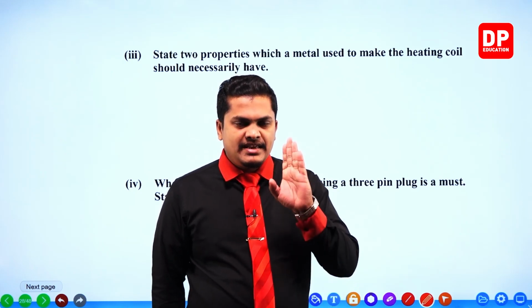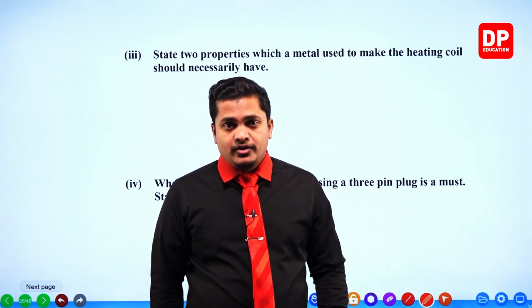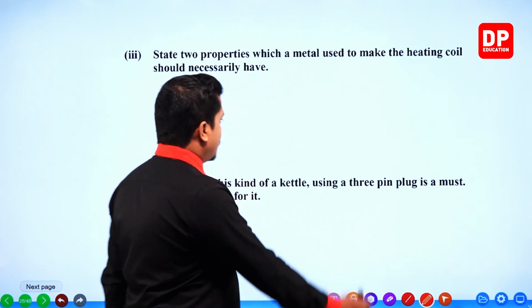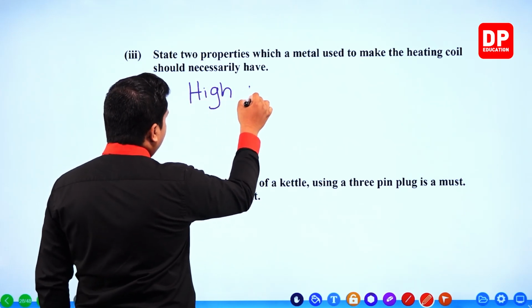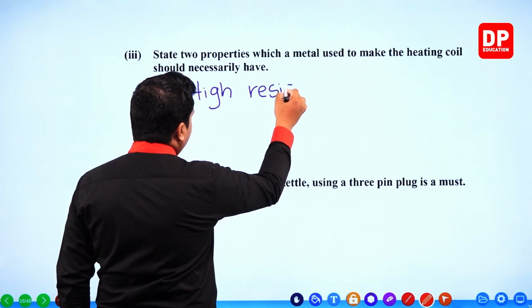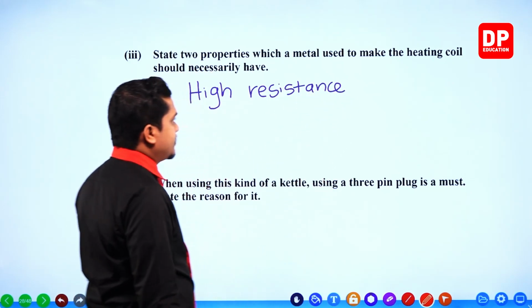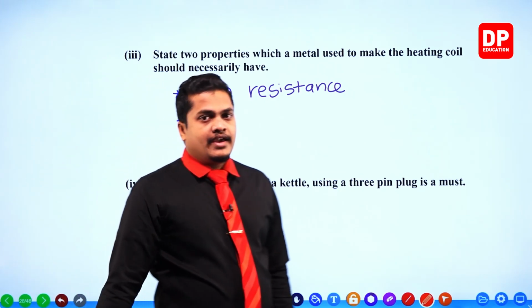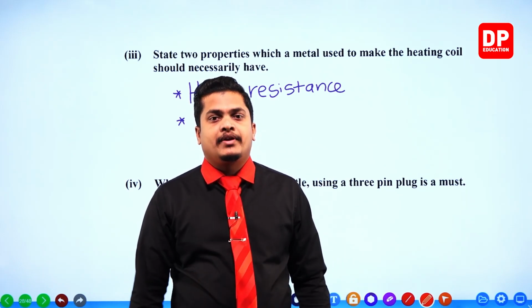So the first and important factor of a heating equipment using electricity is the higher resistance. So, high resistance.